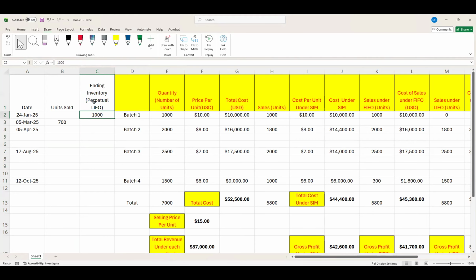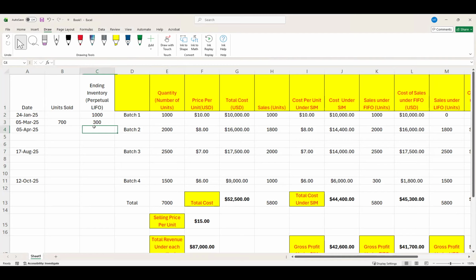Okay, so ending inventory perpetual LIFO, 1700. How much is remaining? You have no choice actually. Right now, for the first case, it doesn't matter which method you are using, right? So that's it, 300.